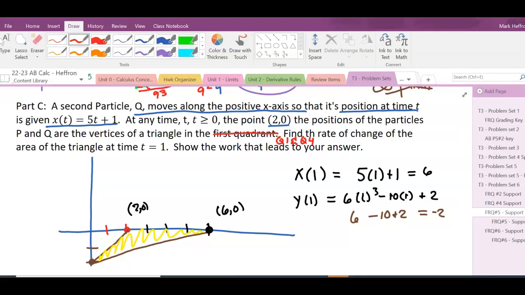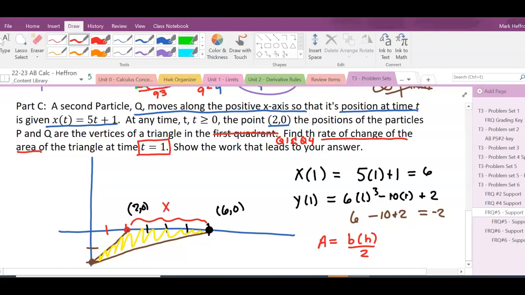Now I've got what the triangle looks like at t equals 1, but we're asked for the rate of change of the area. So I know the area will equal base times height divided by 2, or in our case it will be the difference between these x's.